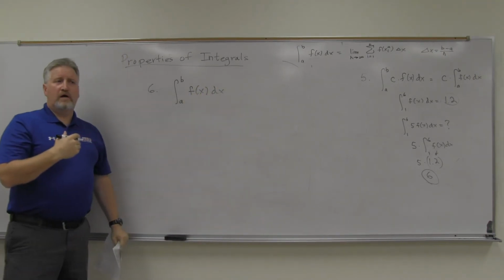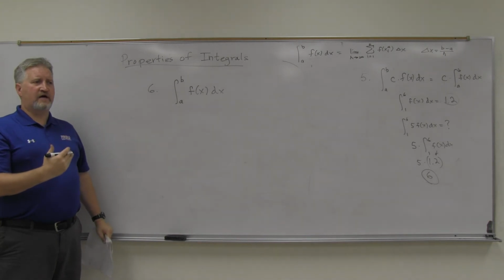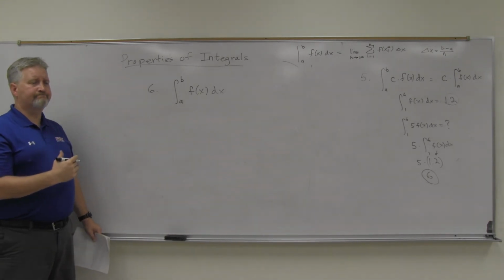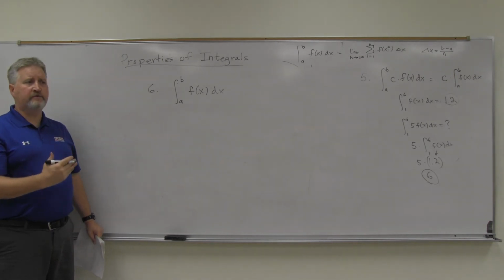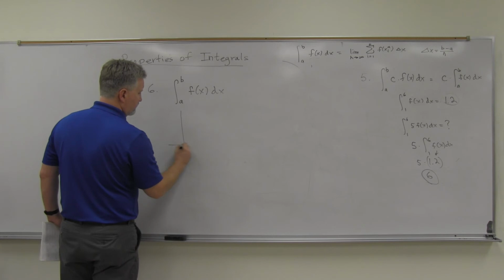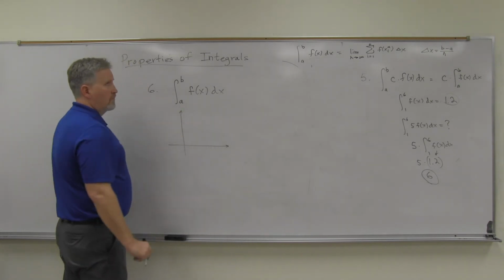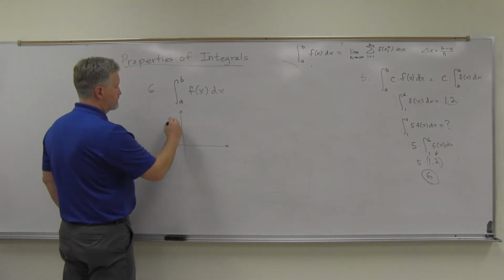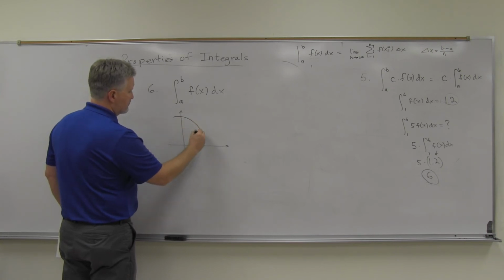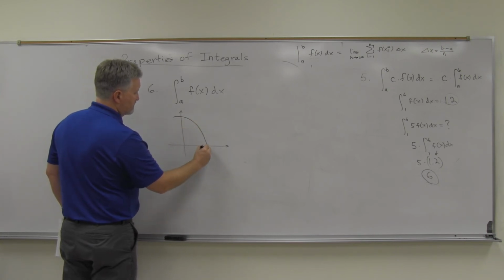Sometimes it'll be nice if we can break up an integral. We're talking about a to b, and I'll give you a good example where we have an absolute value, maybe, which means we have a corner.